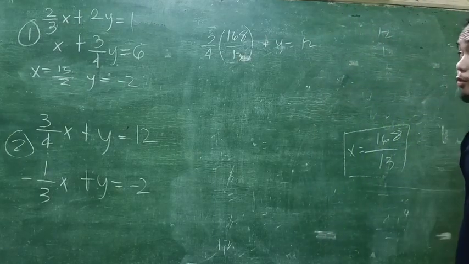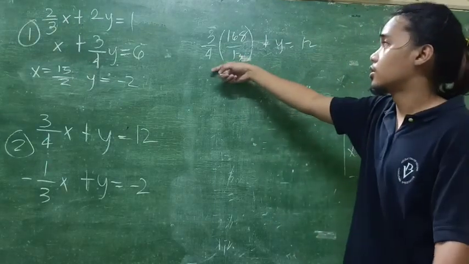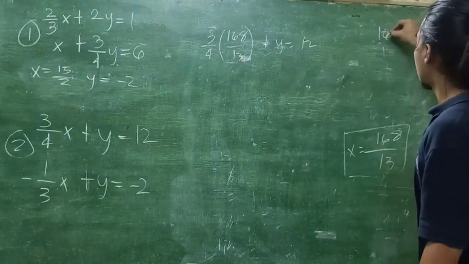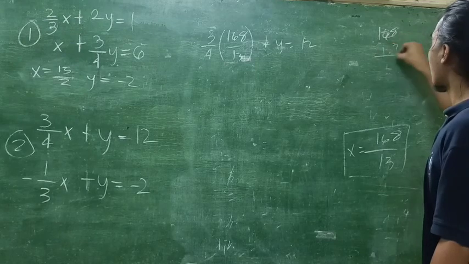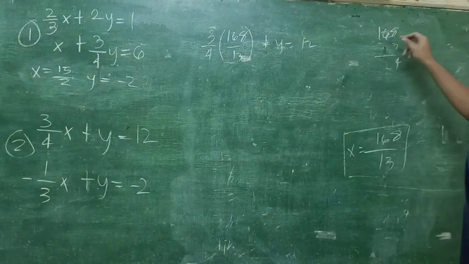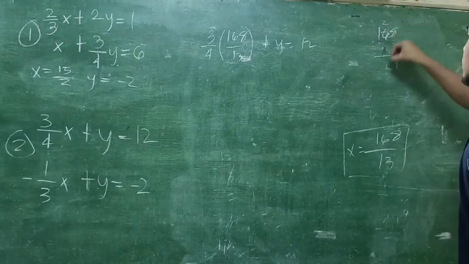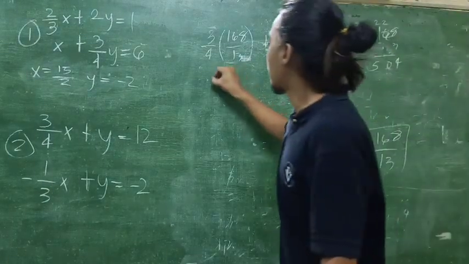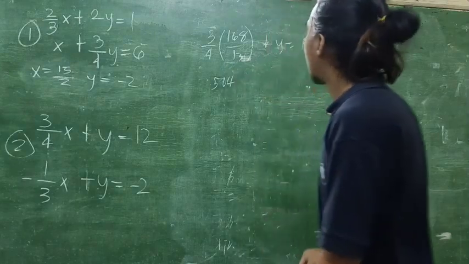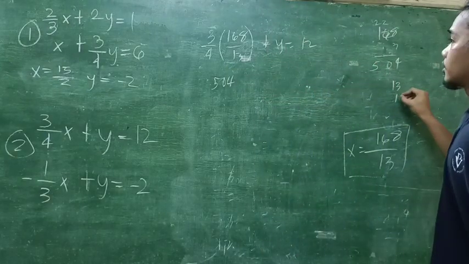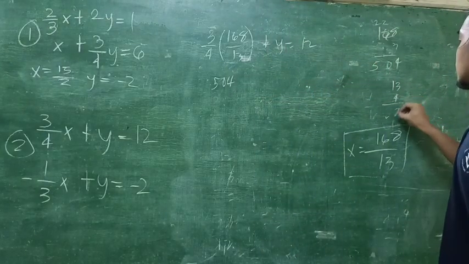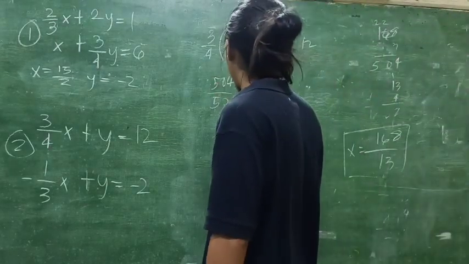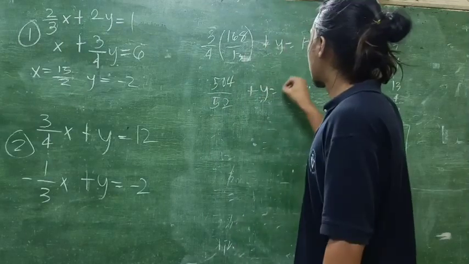So this will be multiplied: 168 times 3 is 504, and 13 times 4 is 52. 504 over 52 plus y equals 12.